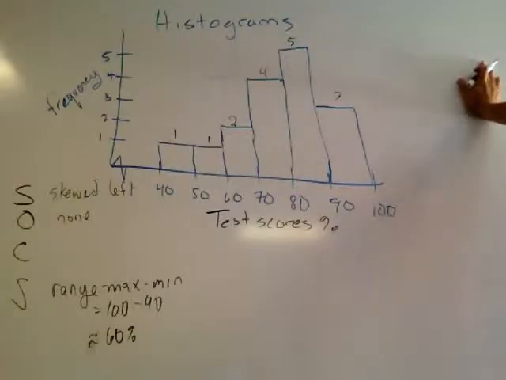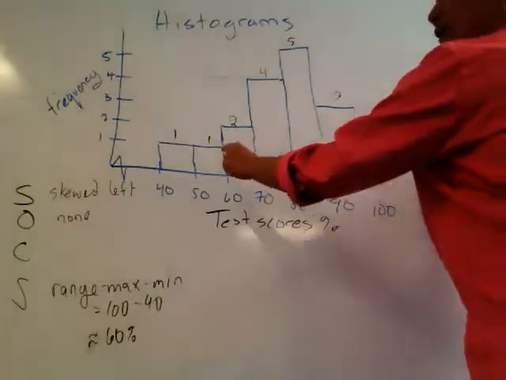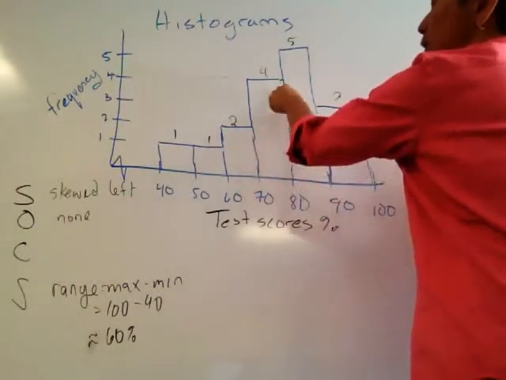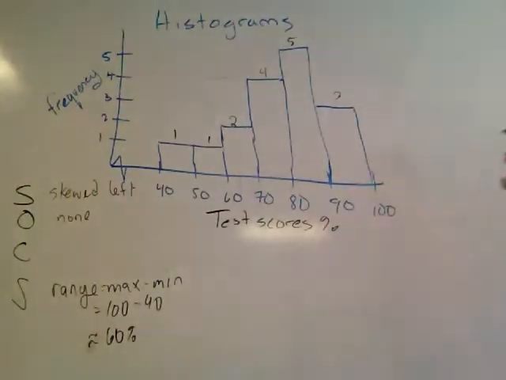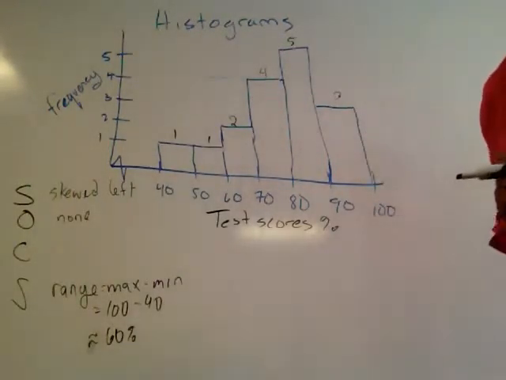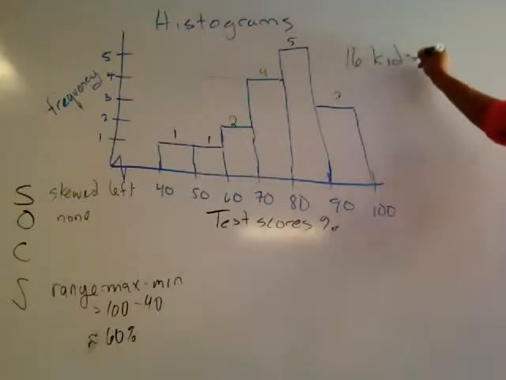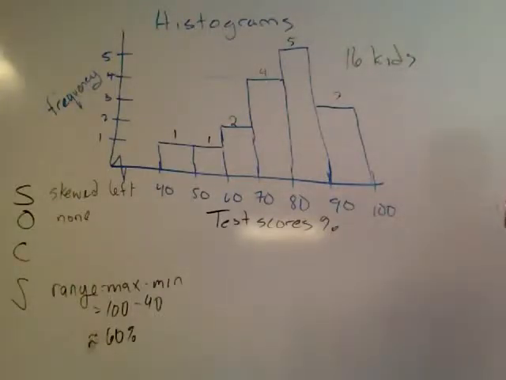All right, so the median is the middle number when all the numbers are put in order. So when I look at this, I have 1 kid here, 2 kids, 4 kids, 5 kids, 3 kids. If I add that all up, this comes out to be 16 kids tested or represented in this histogram. Half of 16 is 8.